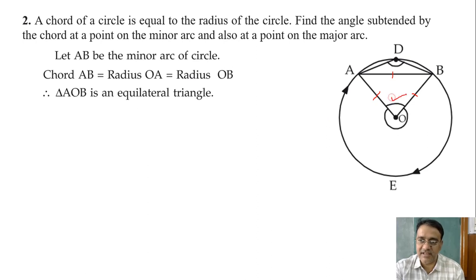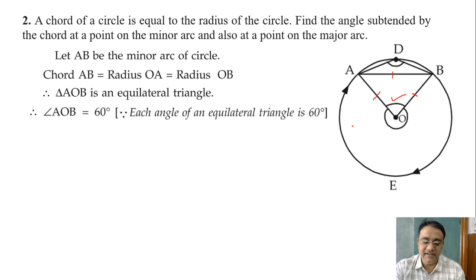So what is the value of this angle? 60 degree. 60 degree, very good. Why? Because each angle of an equilateral triangle is 60 degree. Now the measure of arc AB and the measure of arc BA, meaning I'm talking about the total angle. The total angle is equal to 360 degree, right?